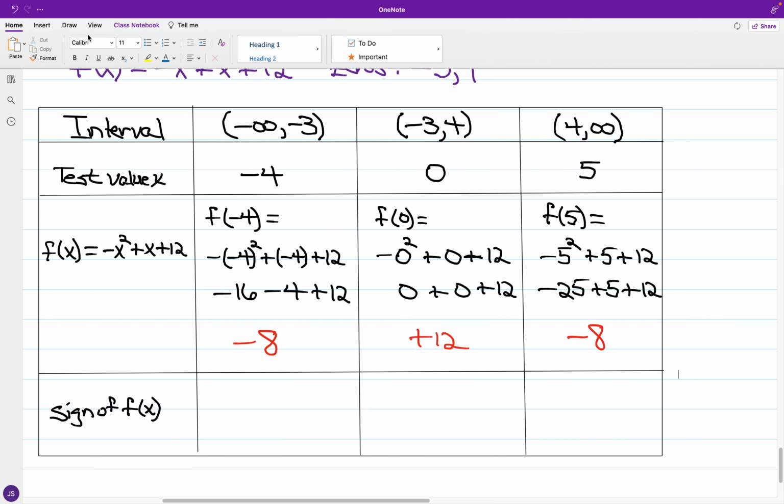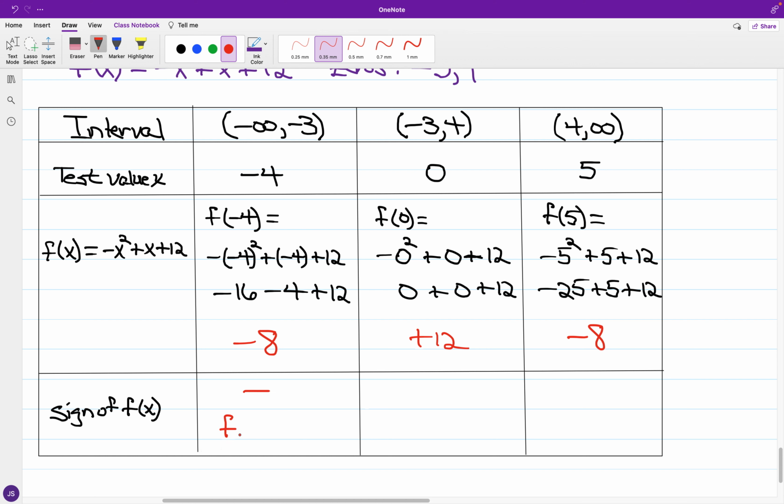And so for what we have in this one case, any value of x selected that is less than negative 3 is going to lead to a negative output, such as negative 8. So here we have f of x is less than 0. Anything greater than negative 3 but less than 4 selected for x, like 0 being an example, is going to lead to a positive output, just like 0 leading to positive 12.